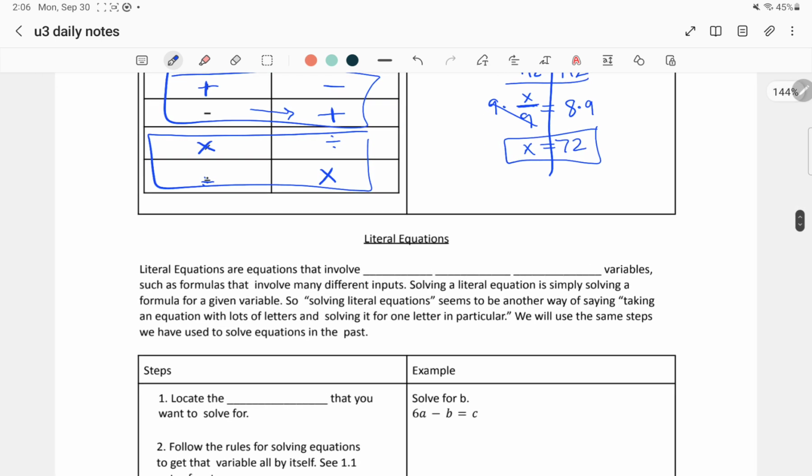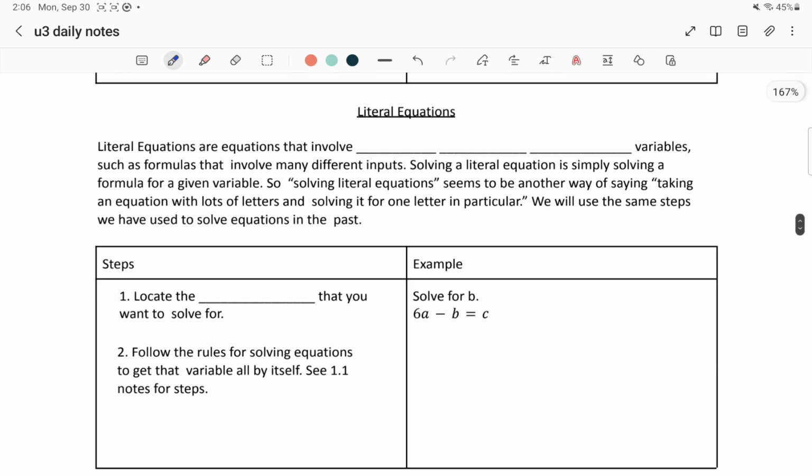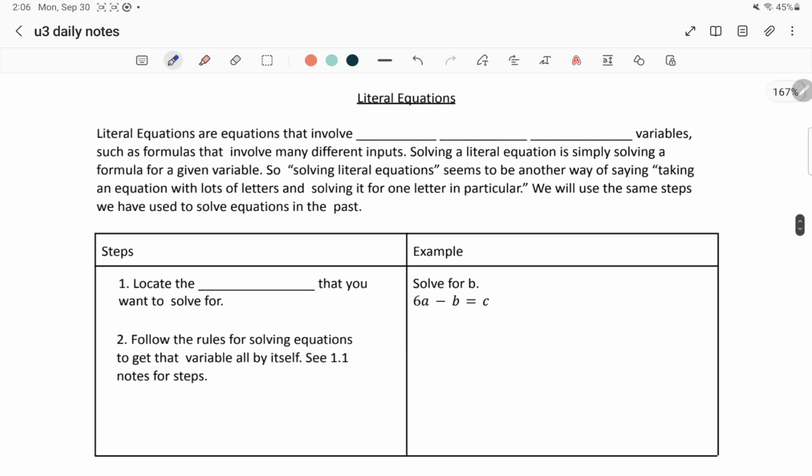So from here, literal equations are equations that involve many unsolved, cross that one out, variables. Formulas are a perfect example of literal equations.